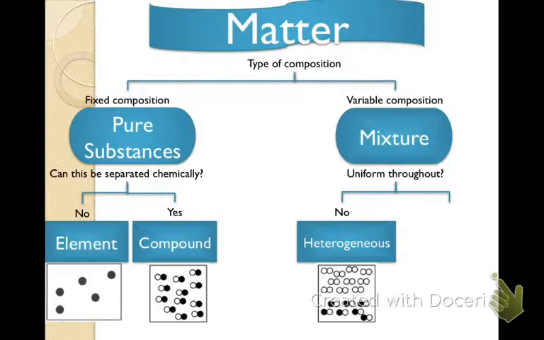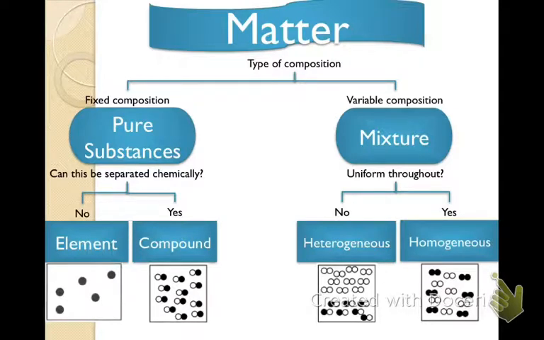You'll notice with the heterogeneous particle diagram, we have two different types of compounds, actually the compounds down at the bottom, and we have white dots that are together, which are elements, and they're separated, meaning that the white dots are at the top and the black and white dots are down at the bottom. If they are uniform throughout, meaning they look the same all throughout, we call them homogeneous. So here we have the black dots together and the white dots, and they're just kind of mixed all throughout.